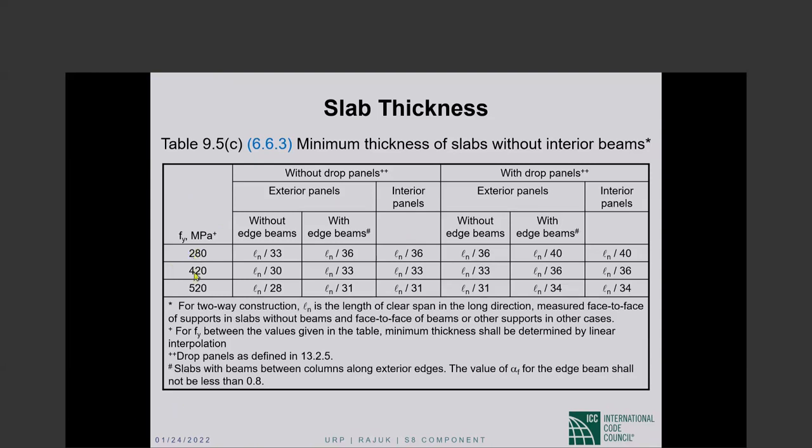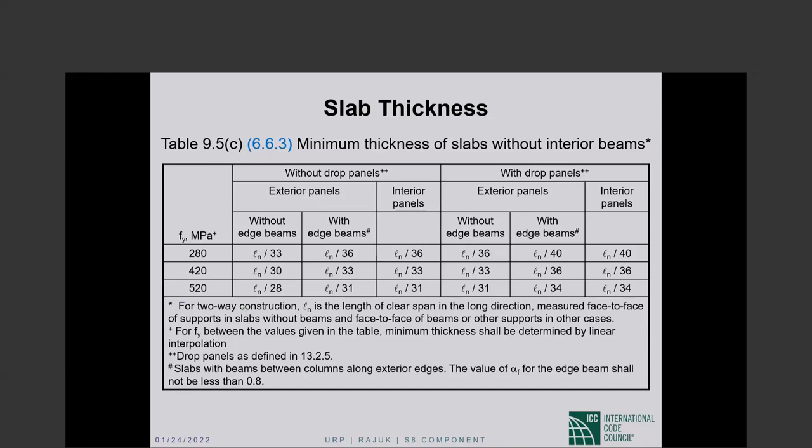Anyway, this is the yield strength of the reinforcement for 420 MPa reinforcement. So a flat plate does not have column line beams, but you can have edge beams, okay, perpendicular to the column line. So that is permitted. It used to be more common than it is today, but anyway. So without edge beam, this is the pure flat plate, no beams of any kind. L sub n over 30 is the clear span divided by 30 is the minimum thickness.